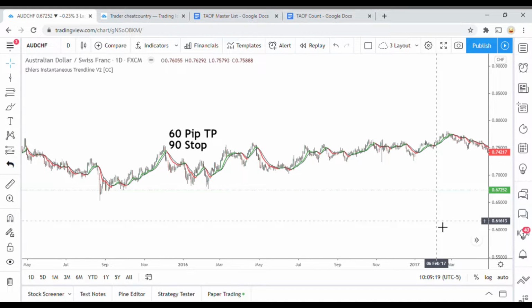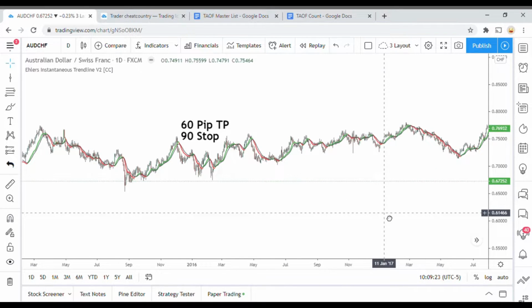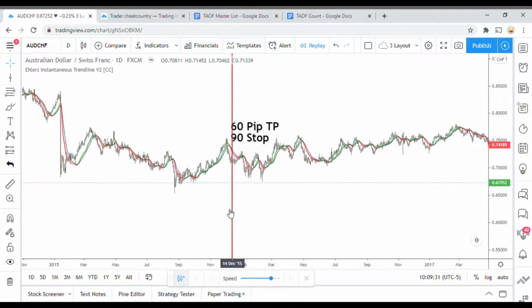Now, beyond that, the back testing function is pretty straightforward. Basically, what you would do is you would go up here to where it says replay, bar replay. You would click on that and it gives you this red line. And you can drop this red line wherever you want.